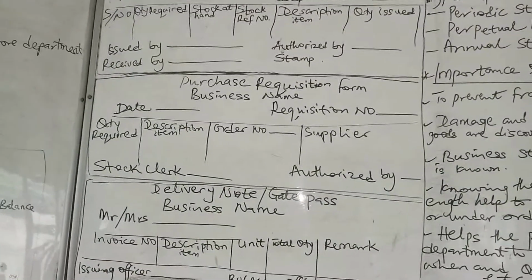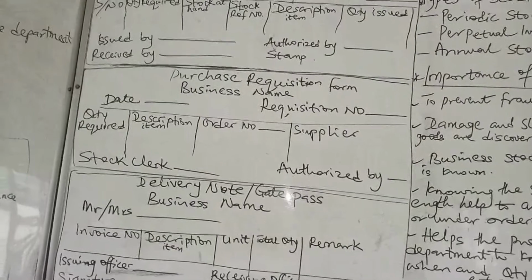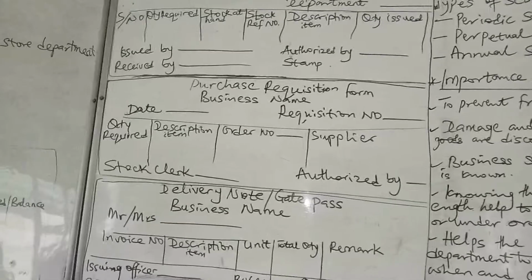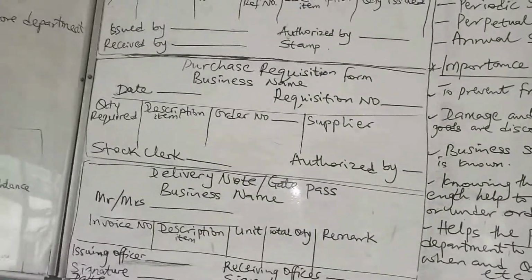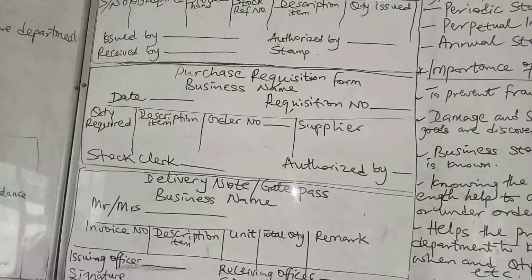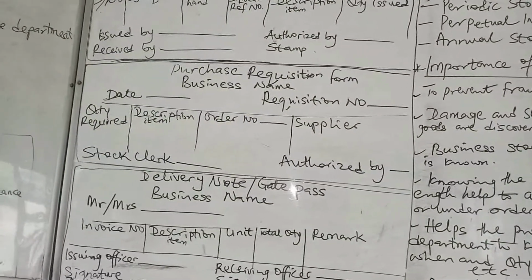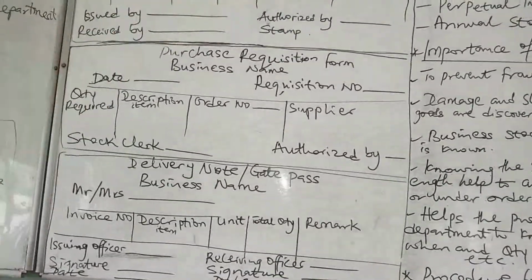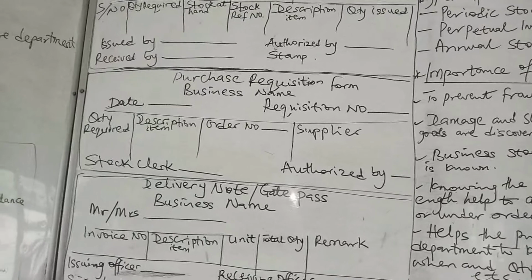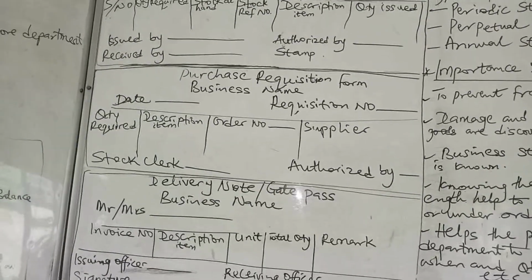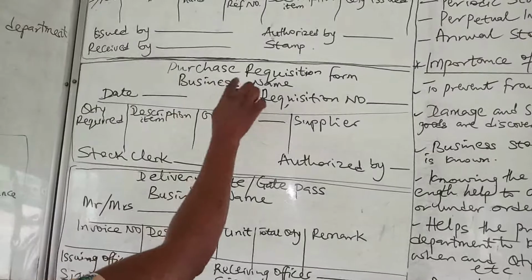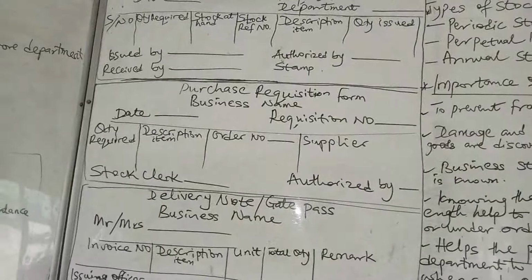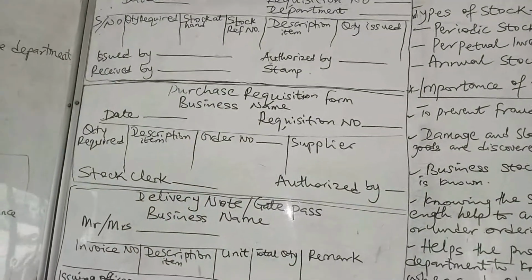So when the store clerk has looked at the completed form, and is satisfied with what they need, the store clerk will now issue the items and record those things he issued out in the store record card.